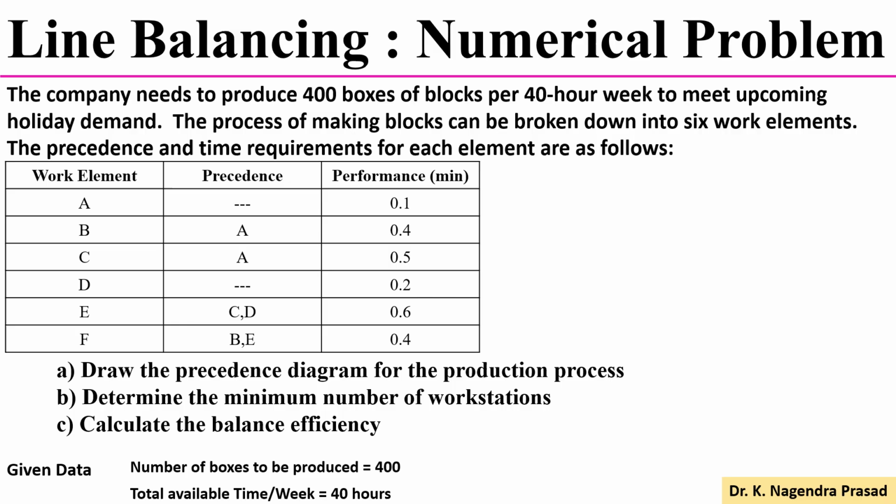So total availability time is a 40-hour week, which means total available time per week equals 40 hours. Moreover, it is given the process of making blocks can be broken down into 6 work elements. So here, the number of work elements is 6.